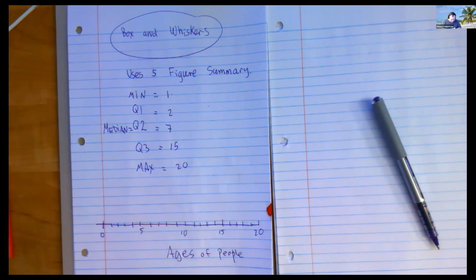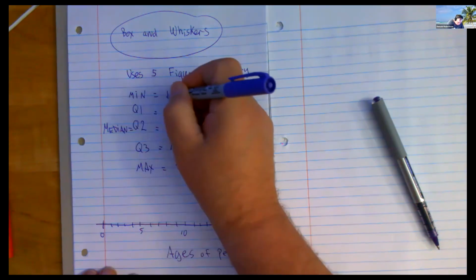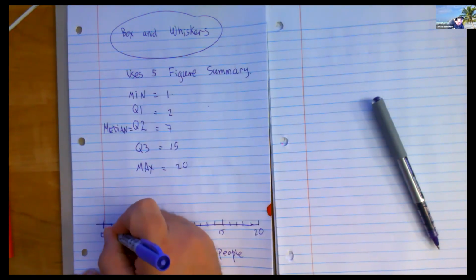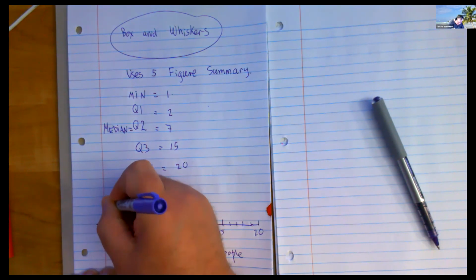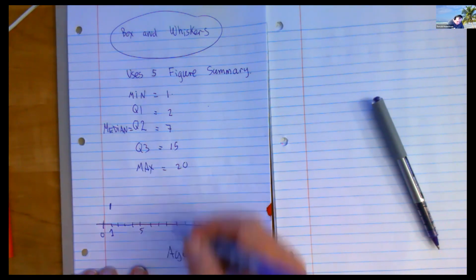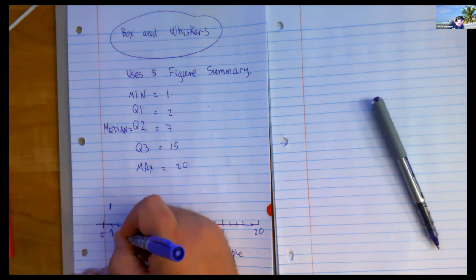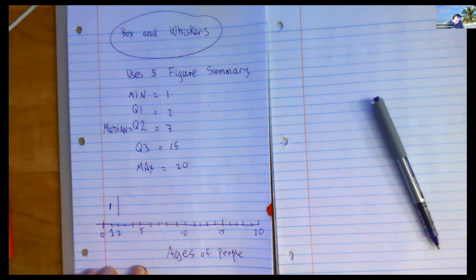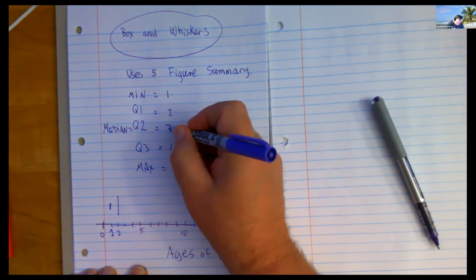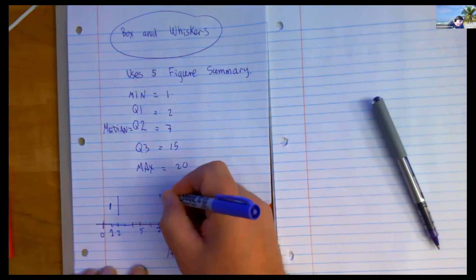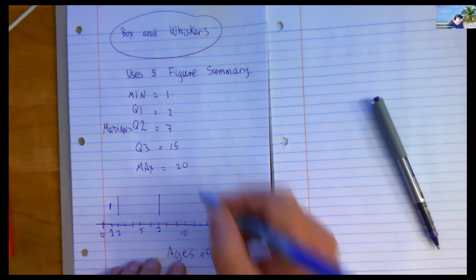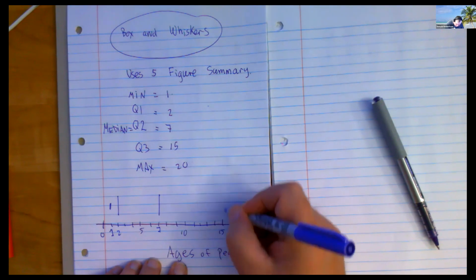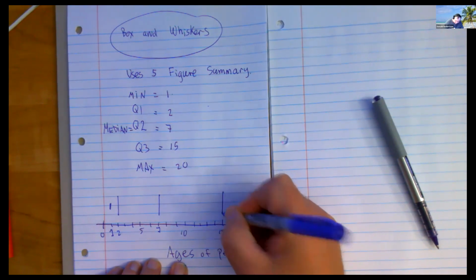Now, the minimum is 1. So you do a little mark at 1. Q1 is 2, so you do a long mark at 2. The median, sometimes called Q2, is at 7, so you do another long mark at 7. Q3 is 15, you do a long mark at 15.